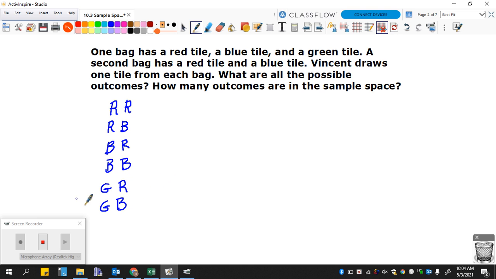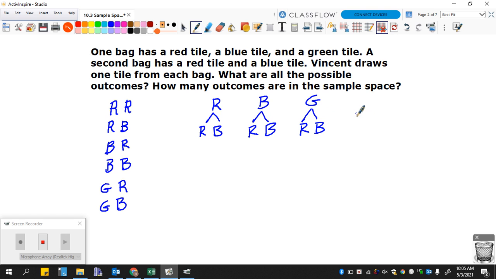So those are all the different combinations: a red-red or red-blue, a blue-red or a blue-blue, a green-red or a green-blue. This is one way of doing it. We could have also said red goes to red or blue, blue goes to red or blue, or green goes to red or blue.